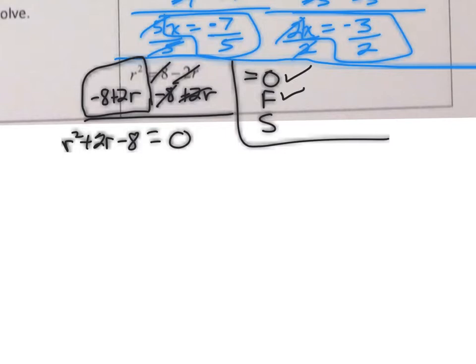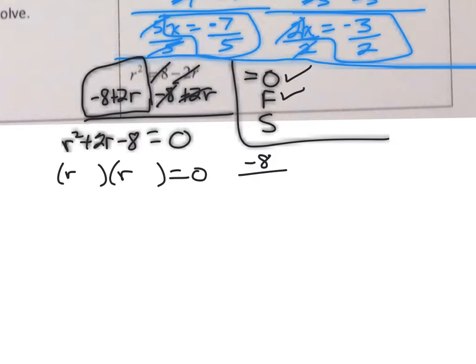But if you know it, you know that the shortcut says that it's going to go r and r. And we got to find 2 factors in -8 that add up to +2. So let's go find those. 1 times -8 is -8. The square root of 8 is 2.8 something, so we check 2 and ask if 2 goes into -8, and it does.